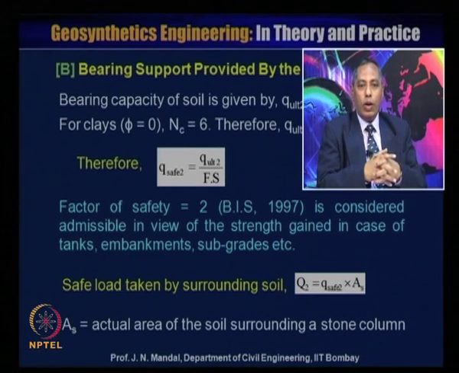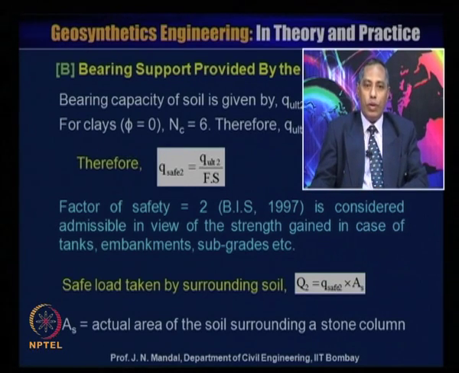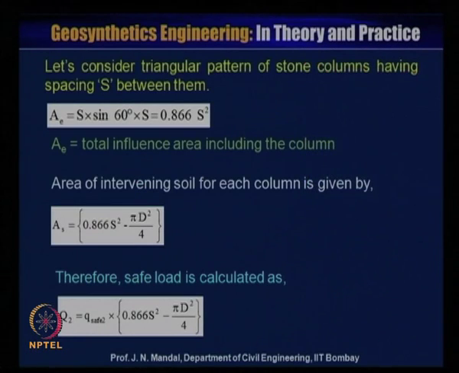So, the safe load taken by the surrounding soil, that is Q2, is Q safe into AS, where AS is equal to the actual area of the soil surrounding a stone column. So, let us consider a triangular pattern of stone columns having a spacing S between them. AE, the total influence area including the column, is equal to S into sine of 60 degree into S, that means 0.866 S square.